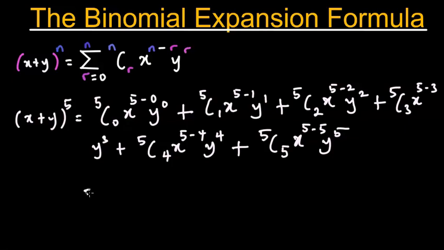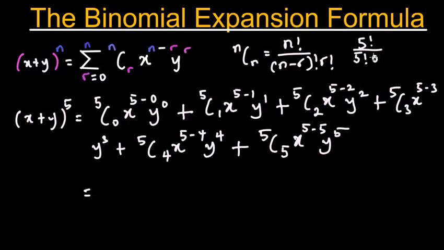Recall that whenever we have n combination r, it simply means n factorial over (n minus r) factorial times r factorial. So moving on, 5 combination 0 is simply 5 factorial over (5 minus 0) factorial, which is 5 factorial, times 0 factorial. 5 factorial will cancel out 5 factorial, and 0 factorial is 1.